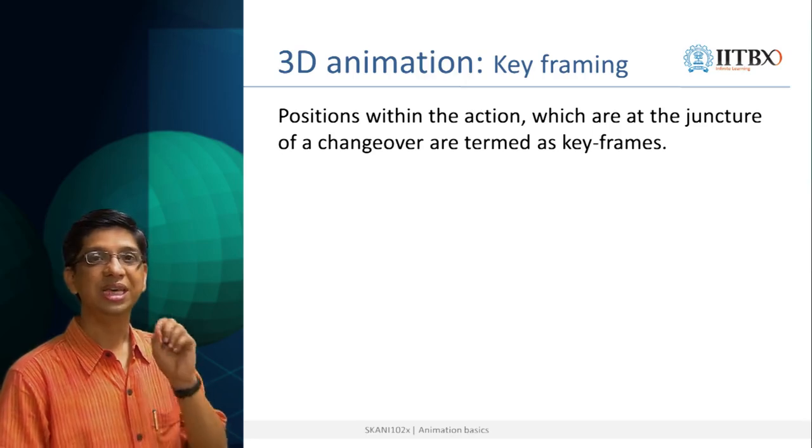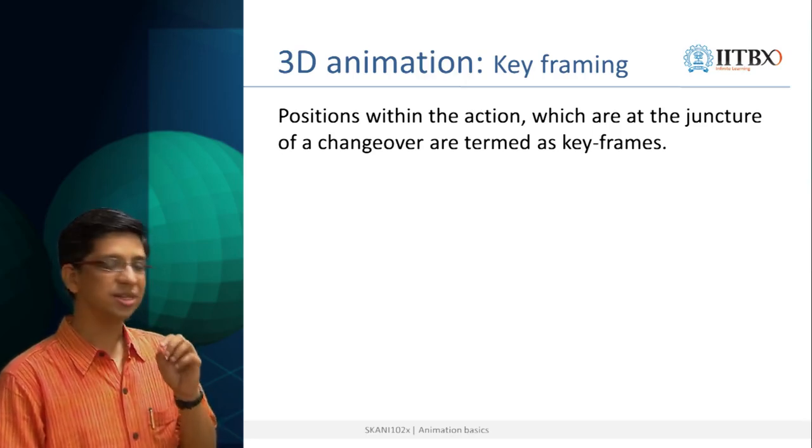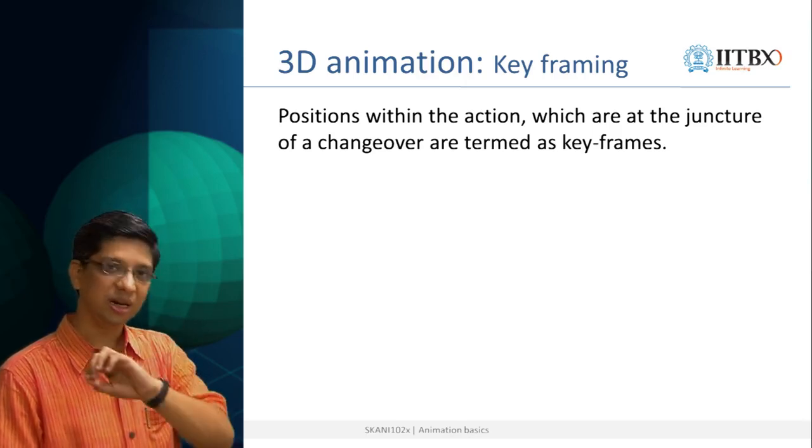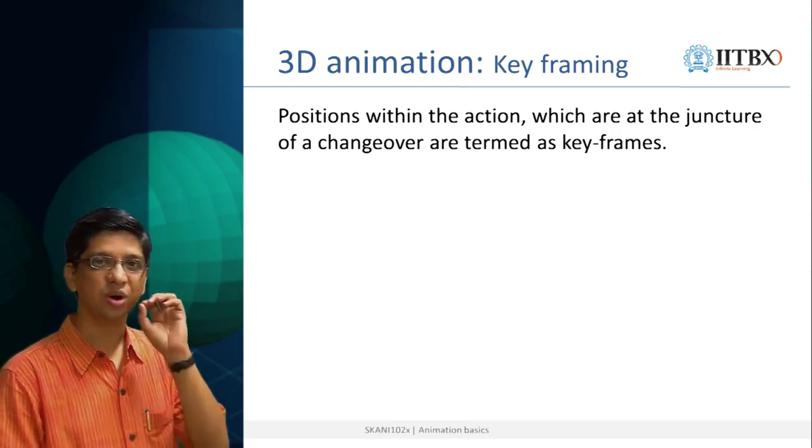But one important term is mandatory for you to remember or understand when we start on this animation process. The term is called keyframe. Now as the word suggests, this is actually the most important frame in a given action, and that is why it is called the keyframe. But you will agree that there is not just one important frame in any action. It has to be at least two, which is the start of the action and the end of the action.